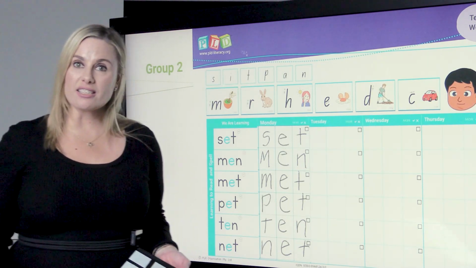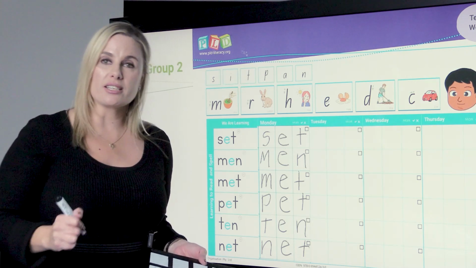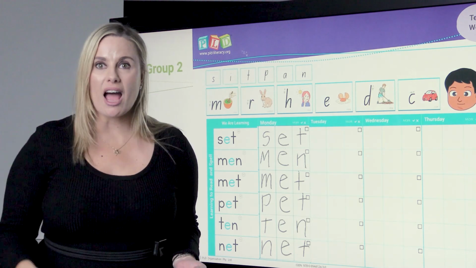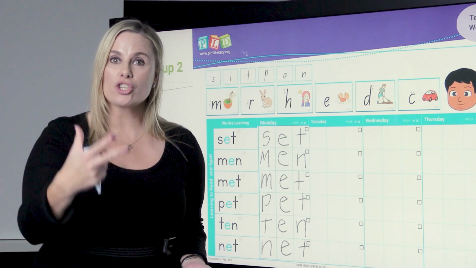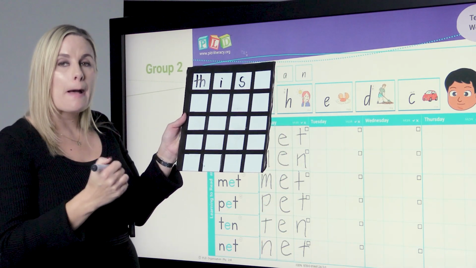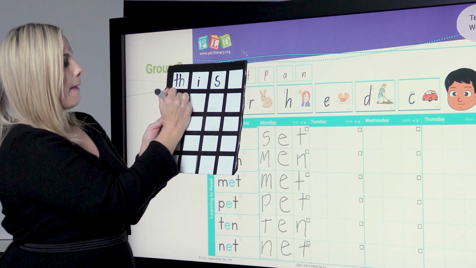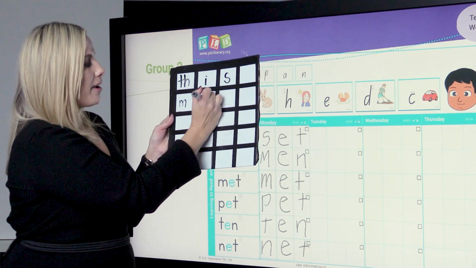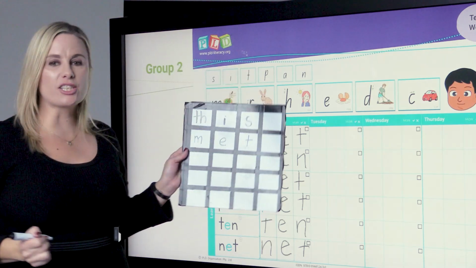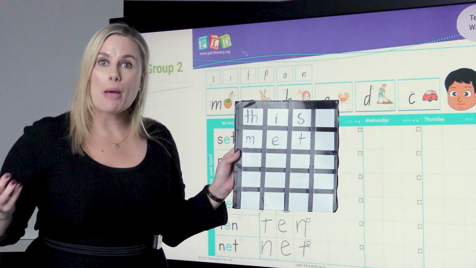Group 2, when you go back to your desk, this is what I'd like you to do. I'd like you to sound out your word and you're going to write it in your sound boxes. Your word is met. Let's go. What's my sound? Met. Let's do one more. My word is pet.